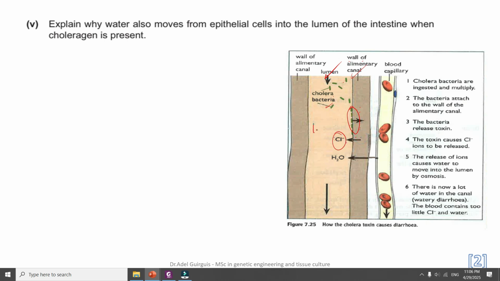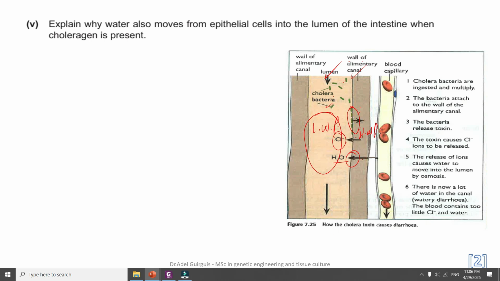This creates low water potential inside the lumen, where the cell itself has high water potential. So water moves to the outside also, making watery feces in the lumen. This causes severe diarrhea.